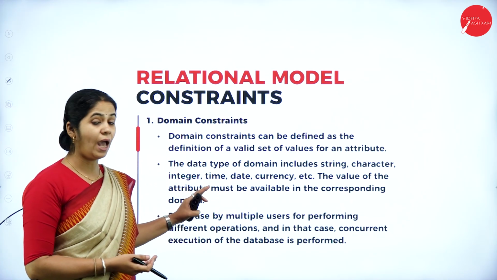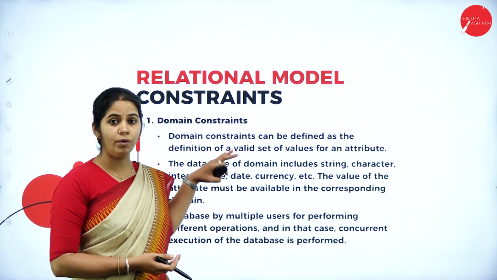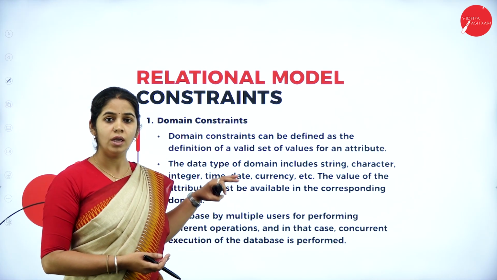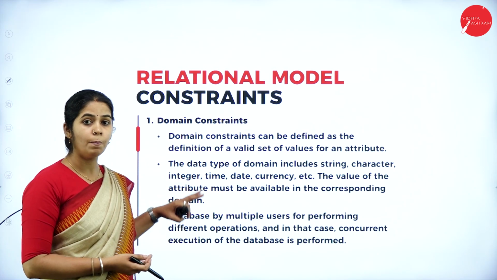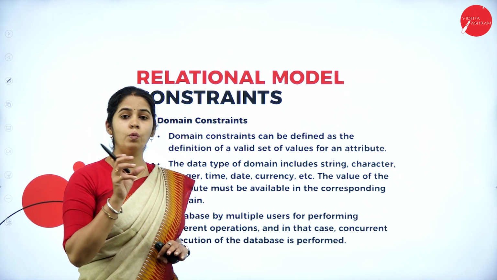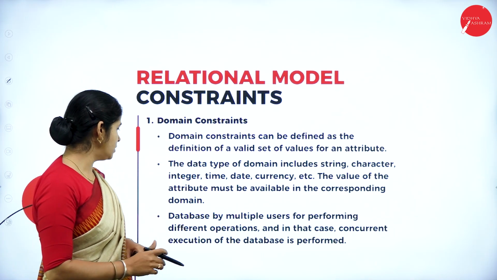That all has to be specified before inserting the values into the table. Means the data type of the attribute has to be specified. That comes with the domain constraint.